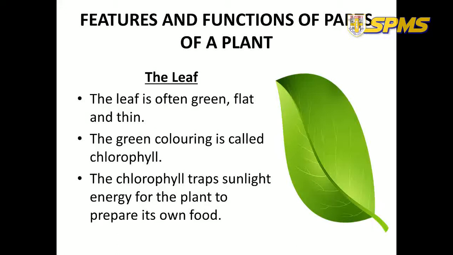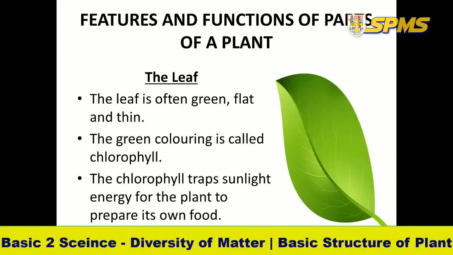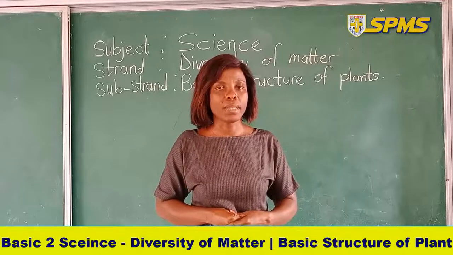So you see the importance of the leaf. Imagine the plant without a leaf. Can it prepare its own food? Not at all. So the leaf of the plant is very, very important to the structure of the plant.